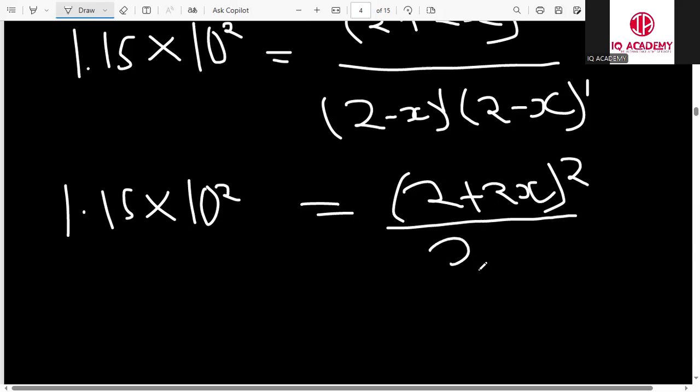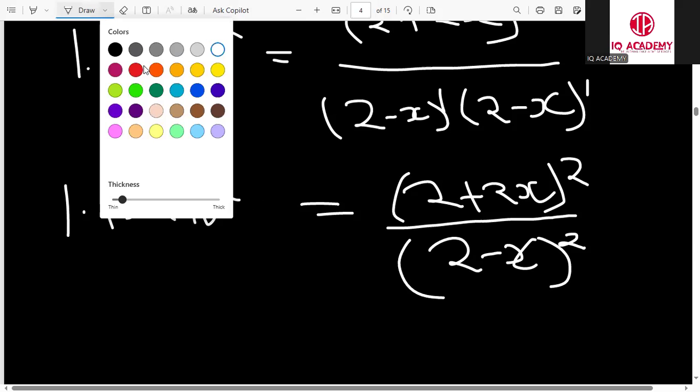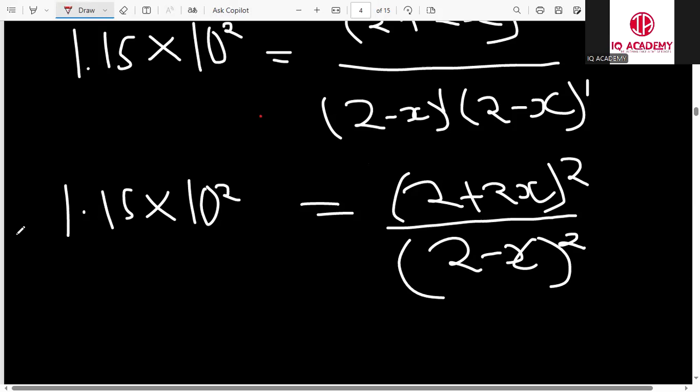So it's the same as writing 2 minus x to the power 2, like this. They are the same. And then now let's take square roots on both sides. So if you take a square root on this side, what are you going to have? If I take a square root on this side and a square root of the thing that is on top, okay?